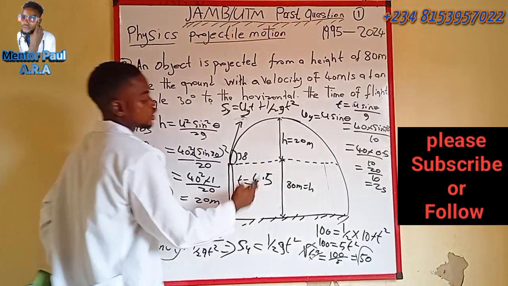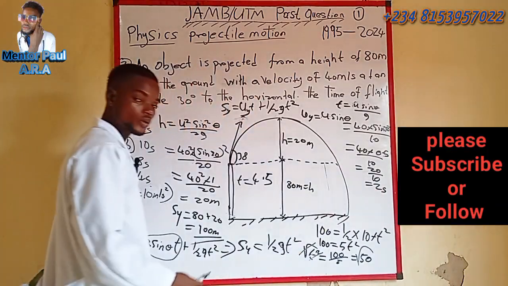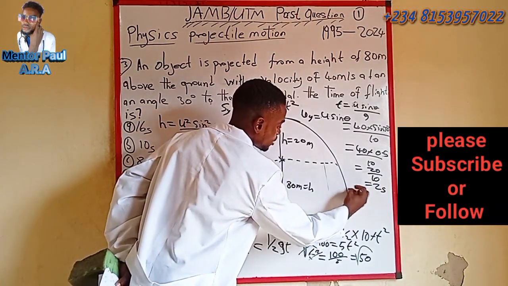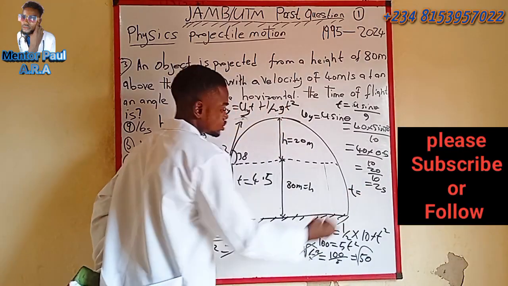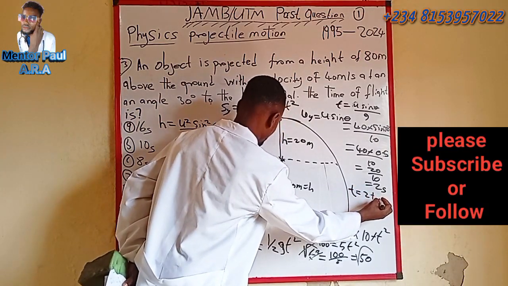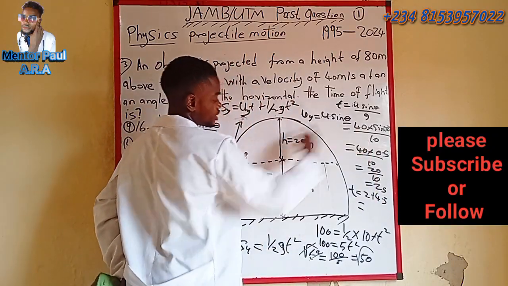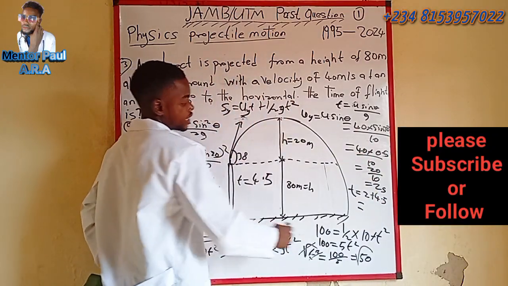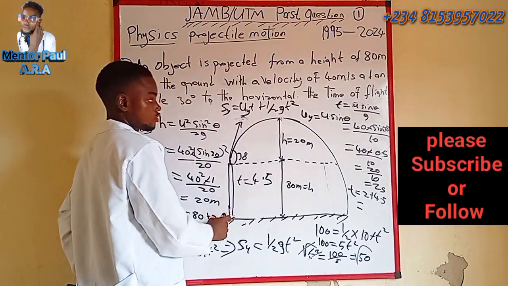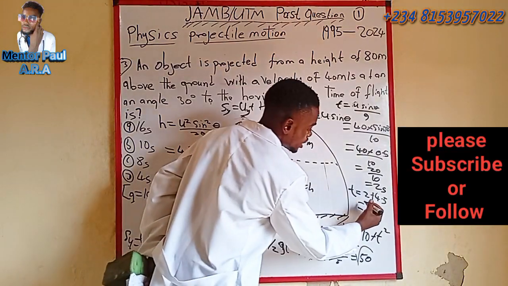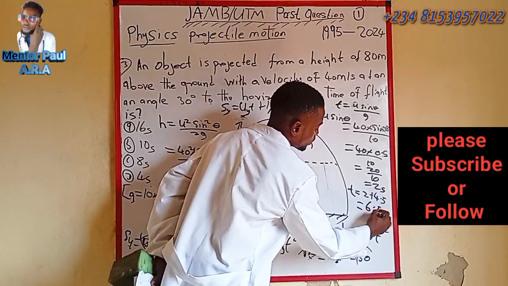Now this time here, we're going to add to the time we have here. Hence, the time of flight t is equal to 2 plus 4.5. This is the 2 we got as the time of flight from here to here, and this 4.5 is the one we got from here to this place, and here we have it to be 6.5.